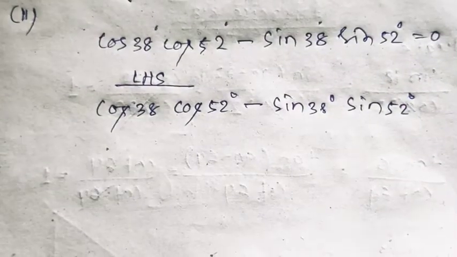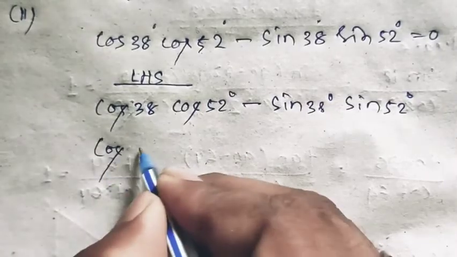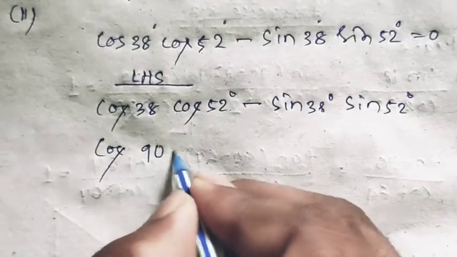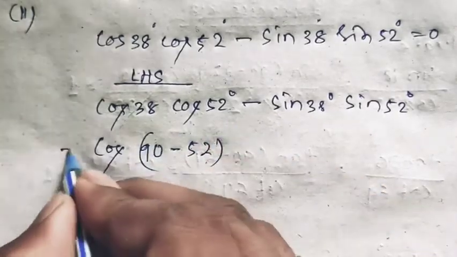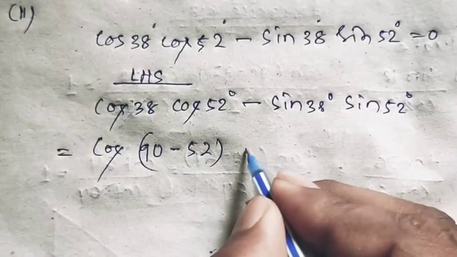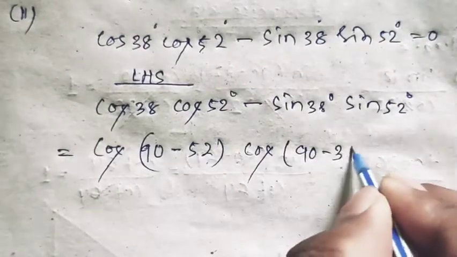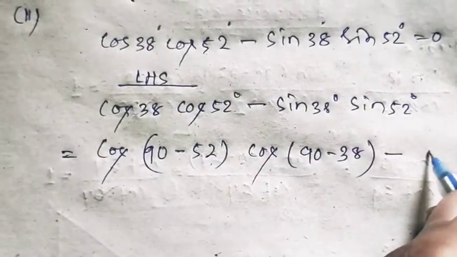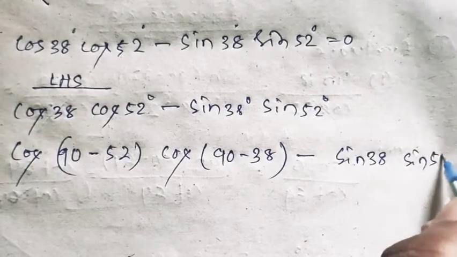Here I can write cos 38 as cos (90 minus 52) and cos 52 as cos (90 minus 38), minus sin 38 into sin 52 degree.